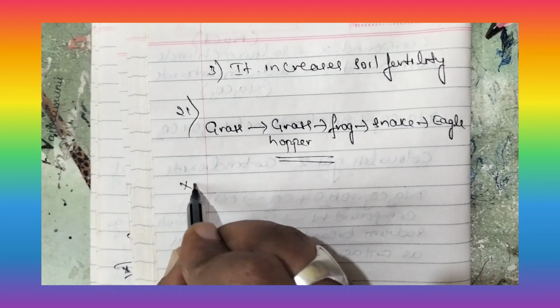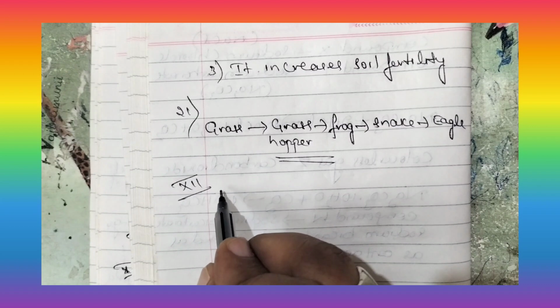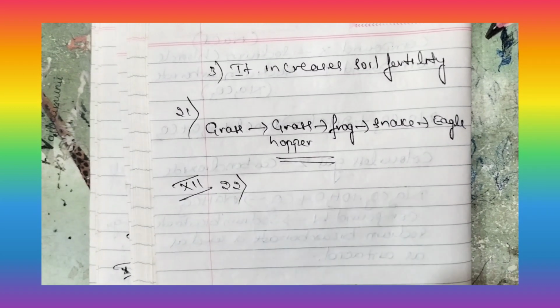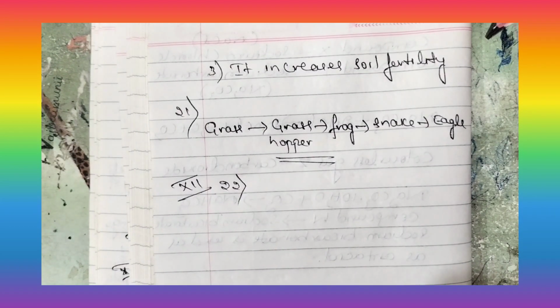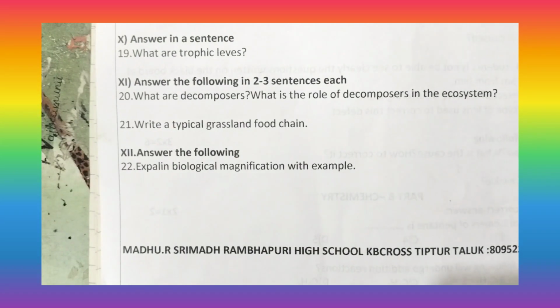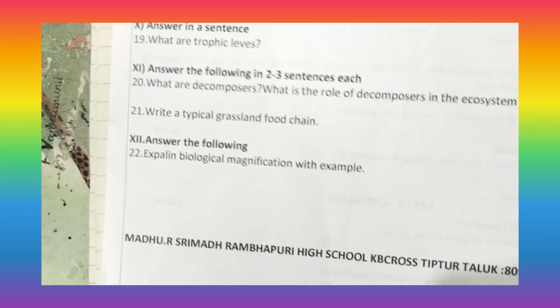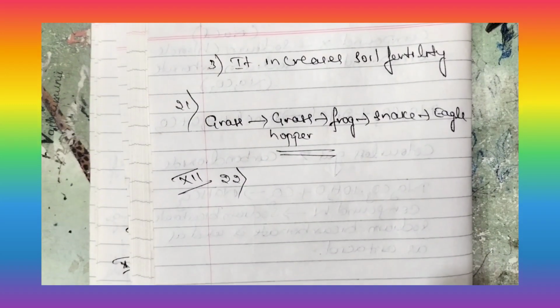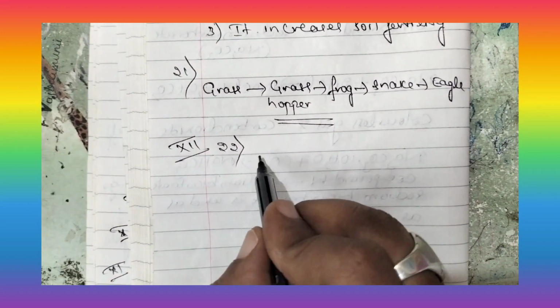Now let us move to the last question of biology, that is the 22nd question. Explain biological magnification with example. So let us explain with example. What is biological magnification?